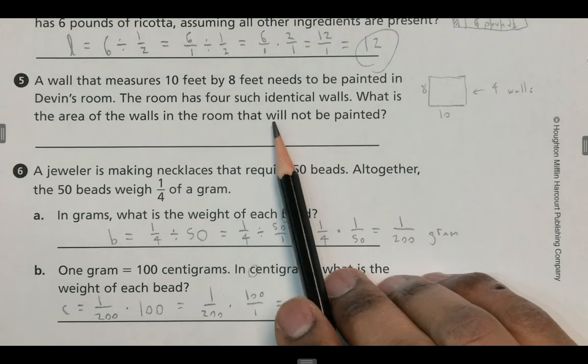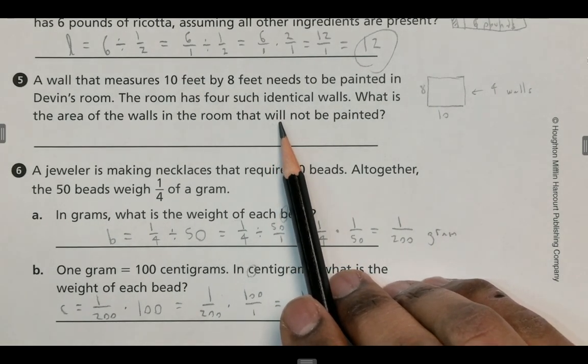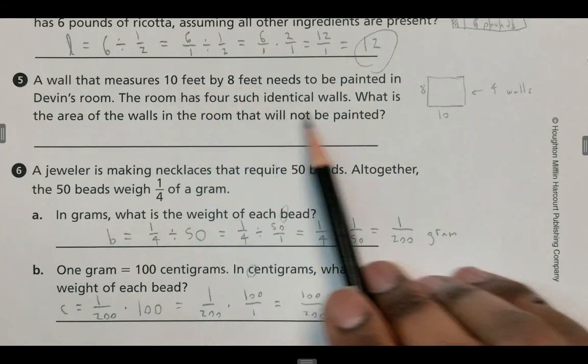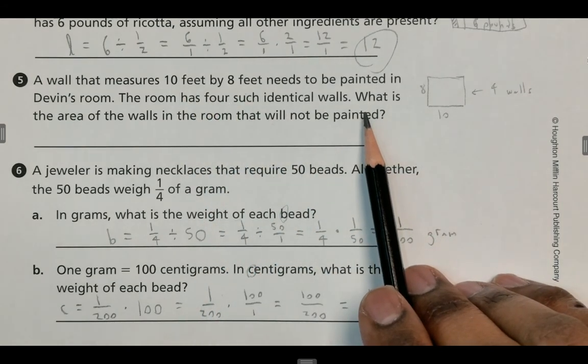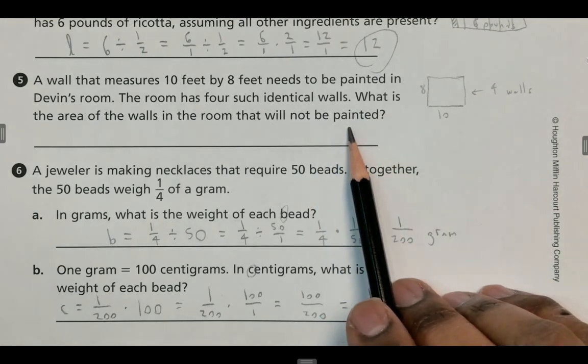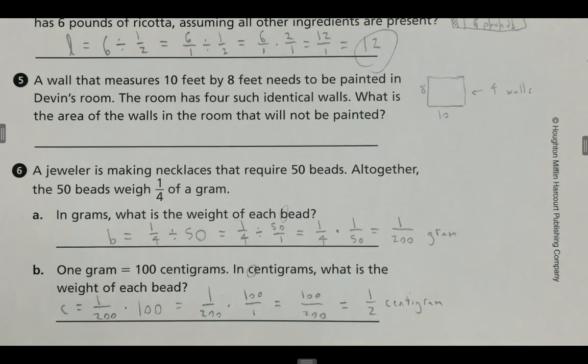Now, back to number 5. I'm going to give this a few more seconds to mull this over before giving up. I'm picturing the room that needs to be painted. It's got 4 walls, and they're all having the identical measurements. The question is, what is the area of the walls in the room that will not be painted? Oh, now I get it. Only one of the 4 walls needs to be painted.